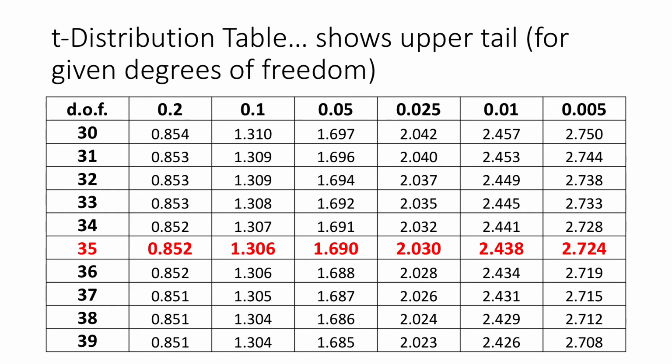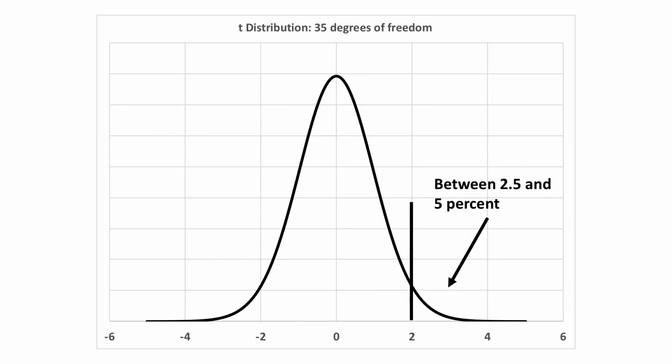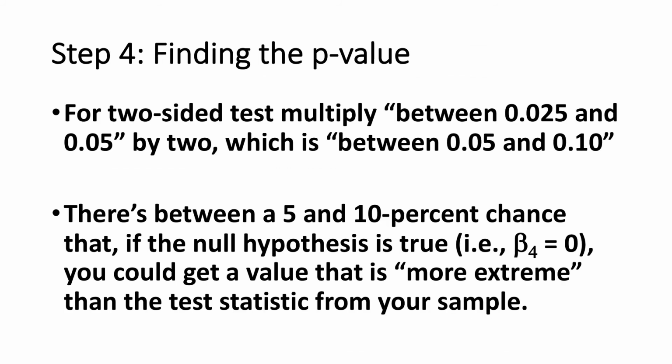Again, we don't find a value of t equals 2, so really all we can say is that the area in the upper tail of the distribution with 35 degrees of freedom and t equals 2 is between 2.5% and 5%. So we can actually go back to our t distribution with 35 degrees of freedom and write in that between 2.5% and 5% of the distribution is greater than a t-score of 2. So to ultimately calculate the p-value, you have to bear in mind that this is a two-sided hypothesis test.